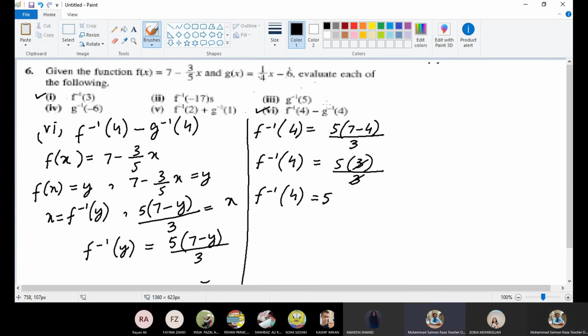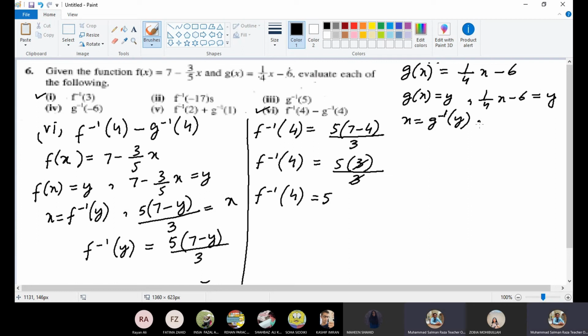In the same way, we'll find out the inverse of g. For that, g of x is 1 over 4x minus 6. So g of x is equal to y, and then 1 over 4x minus 6 is equal to y. And then x is equal to g inverse of y, and when I'm making x the subject, it is going to become x is equal to 4 into (y plus 6).